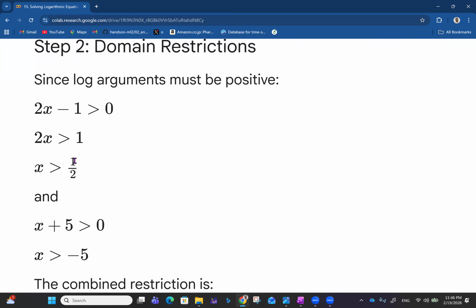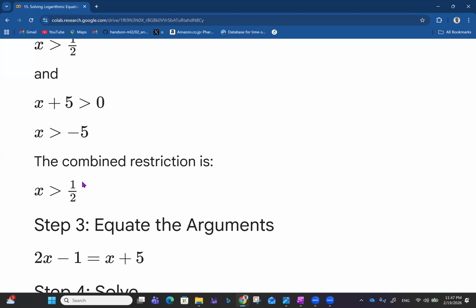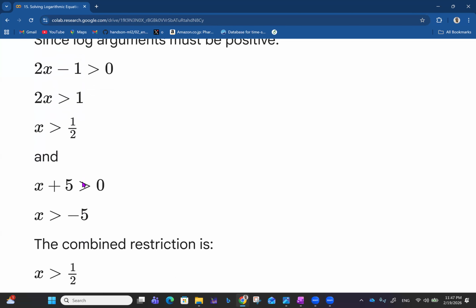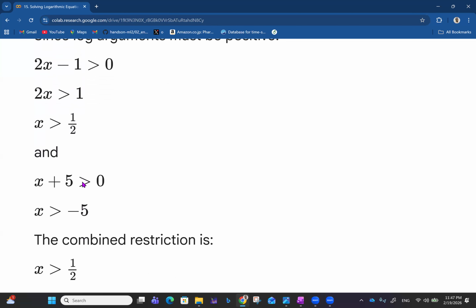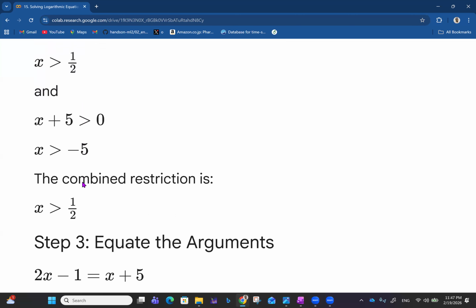So since half is greater than minus 5, then that simply means that x greater than half is the stronger condition. All right. So if you look at the combined restriction, x greater than minus 5 and x greater than half, it goes without saying that all of that together means x should be greater than half for the whole thing.